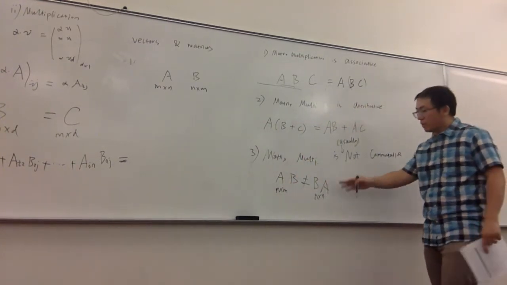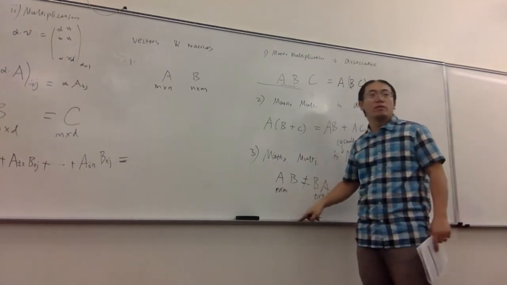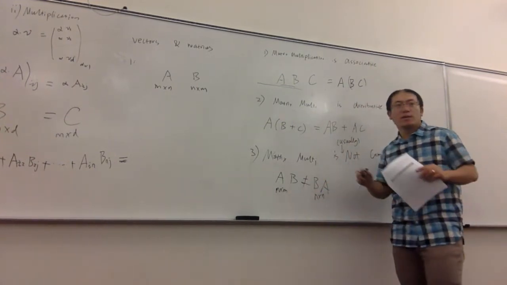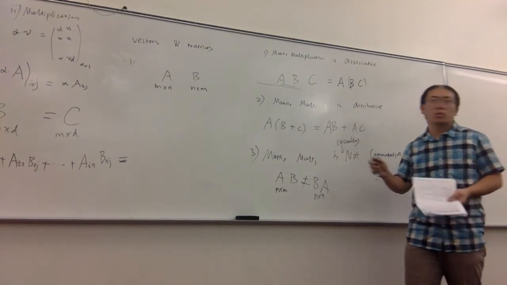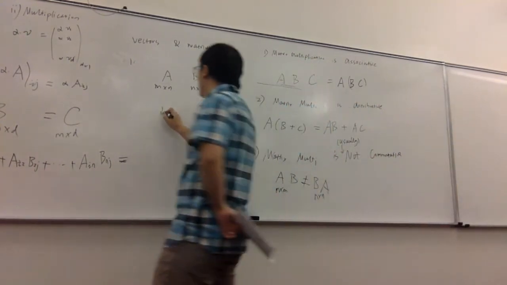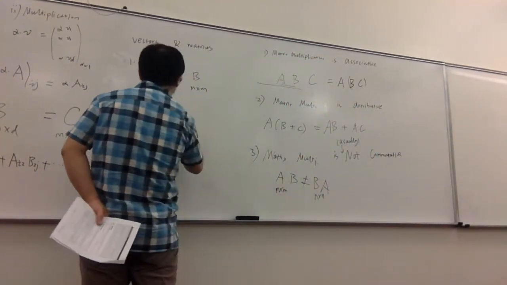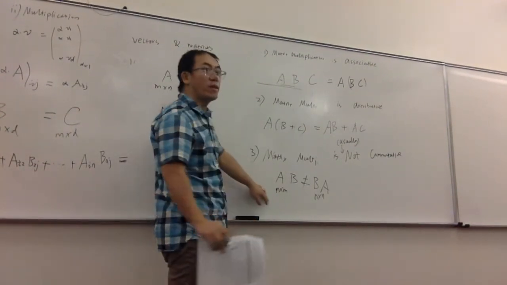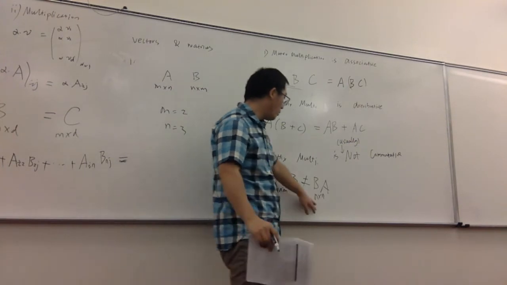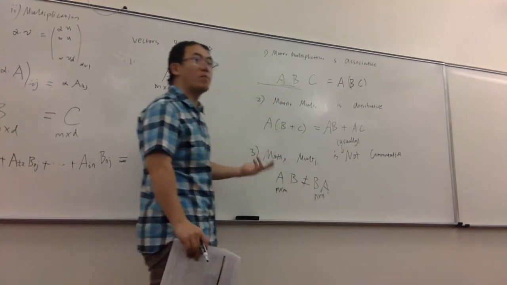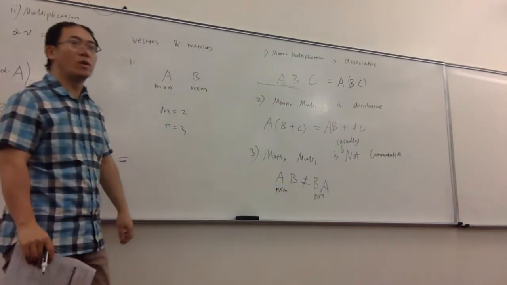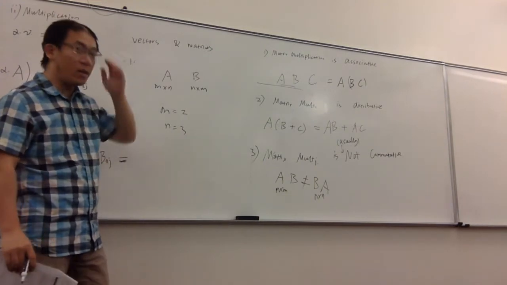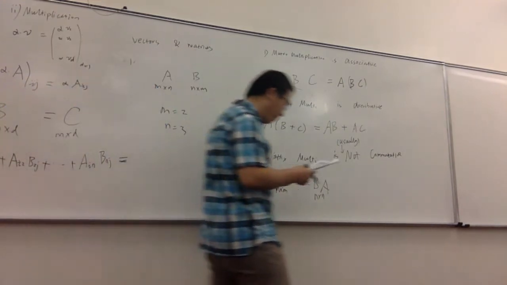So if you take different values for m and n, then the two products actually have different sizes. So say m is 2 and n equals 3. Then you multiply A with B, you end up with a 2 by 2 matrix, and you multiply B with A, you end up with a 3 by 3 matrix. It's not possible to be exactly the same between two matrices.